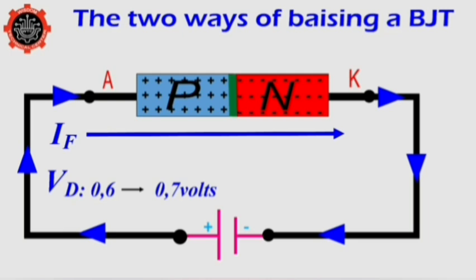So when we connect the anode to a positive potential and the cathode to the negative potential, current would flow through the diode, and the diode would be in forward bias mode, which means the diode is going to be active with a voltage drop of about 0.6 to 0.7 volts for a silicon diode.